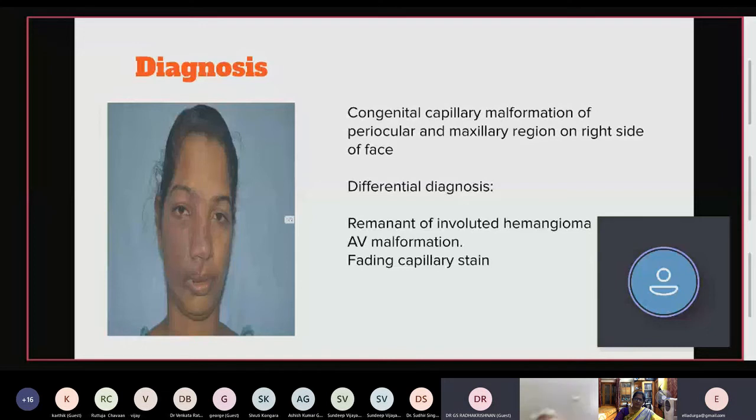And what are chromophores? Chromophores are used in photodynamic therapy, sir. They will absorb the light and they will dissipate the energy. So porphyrin, hemoporphyrin are the chromophores, sir.